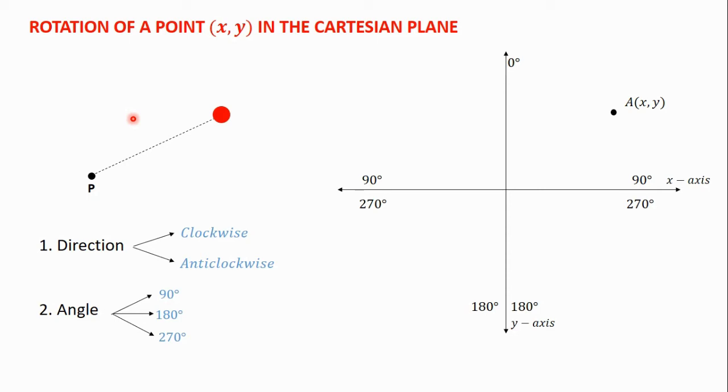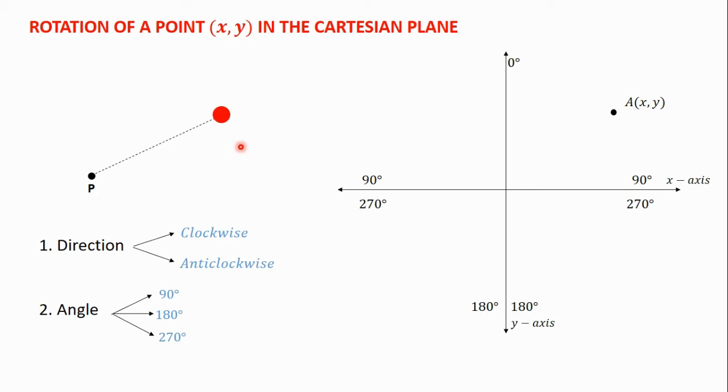We have said that in our studies, we are going to consider only three angles: 90 degrees, 180 degrees, and 270 degrees. And we have seen that a 90 degrees clockwise rotation is the same as a 270 degrees anti-clockwise rotation. And a 90 degrees anti-clockwise rotation is the same as a 270 degrees clockwise rotation. And a 180 degrees clockwise rotation is the same as a 180 degrees anti-clockwise rotation.